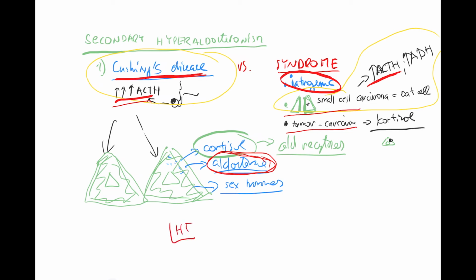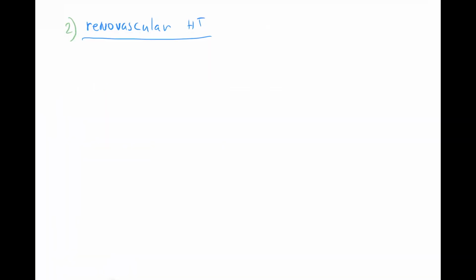And what type of hypertension is that? Secondary, yes, because we know the cause. Exactly, secondary. And this is also a beautiful example of secondary hypertension. It's renovascular hypertension, so it's secondary hypertension.